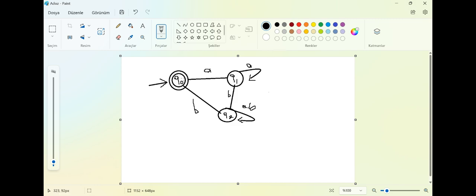And Q0 is our initial state and accepting state because Q0 has two circles. And now we are seeing transitions A and B, and B also our alphabet. Our alphabet contains just A and B.